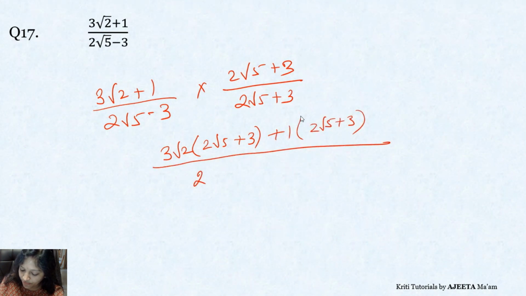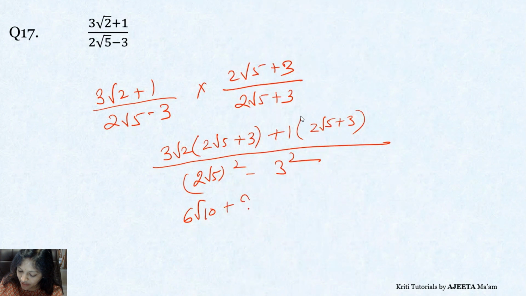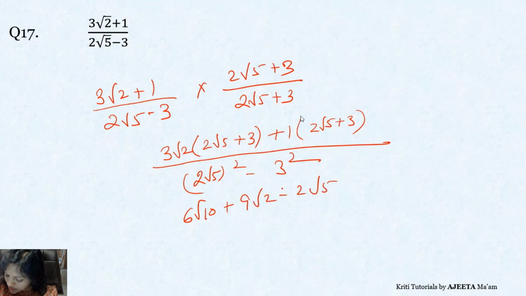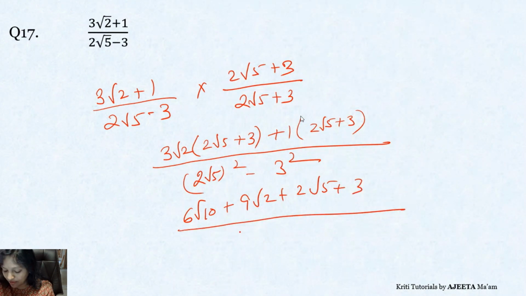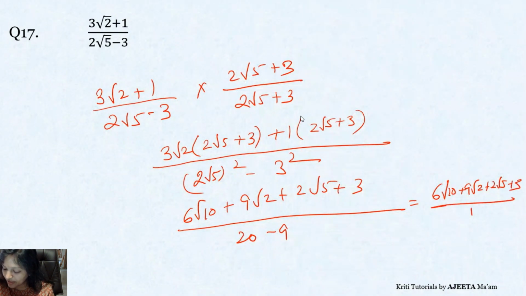So here we have 2 root 5 square minus 3 square. So what will you get here? 6 root 10 plus 9 root 2 plus 2 root 5 plus 3. So 2 root 5 square will be 20 minus 9, that is 11. So again, nothing to be taken common. Leave your answer and get your marks. Okay. So that will be 11.